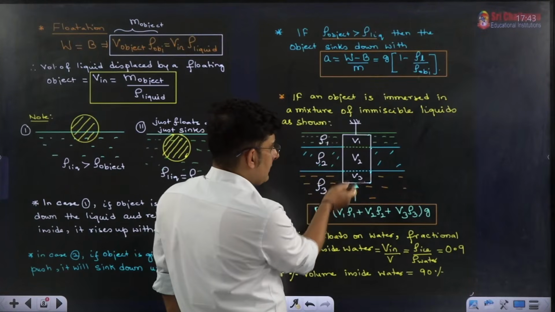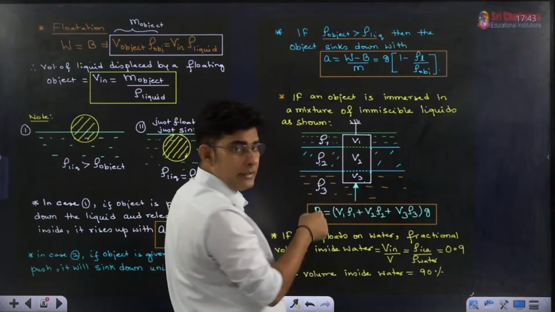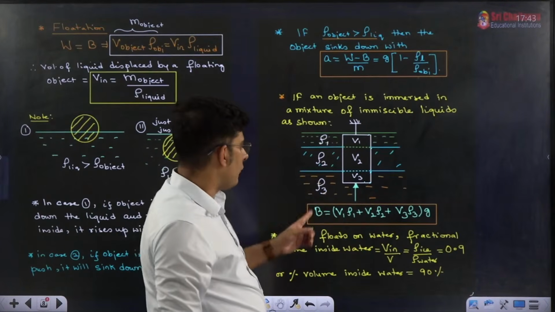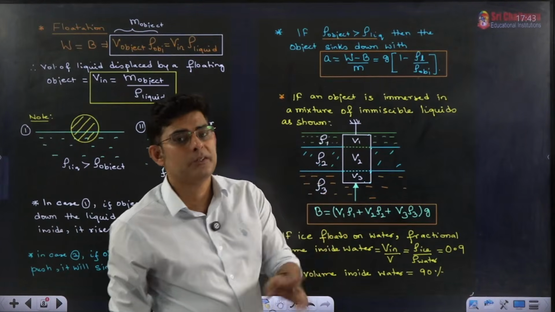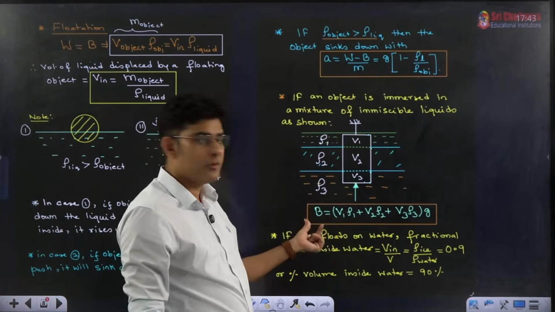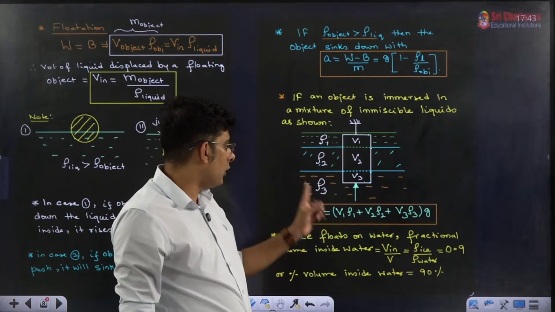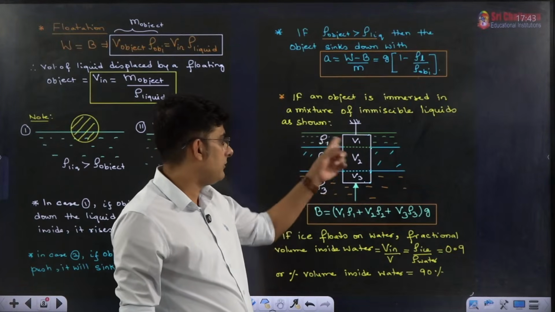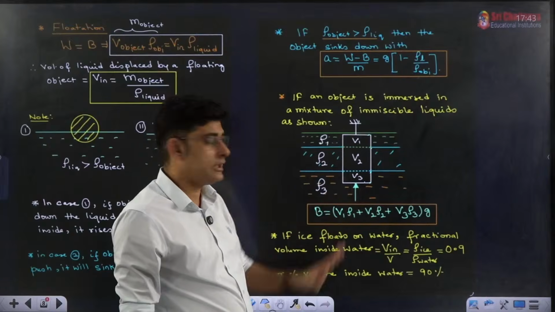Now the pressure difference, this minus this, P1 will cancel, so you will be left with rho 1 g H1 plus rho 2 g H2 plus rho 3 g H3. When you multiply it with the base area, you get the buoyant force. A into H1 is V1, A into H2 is V2, A into H3 is V3.